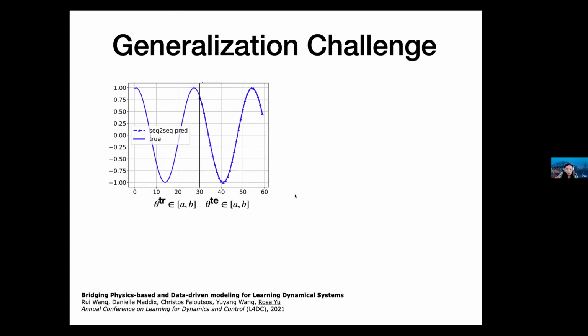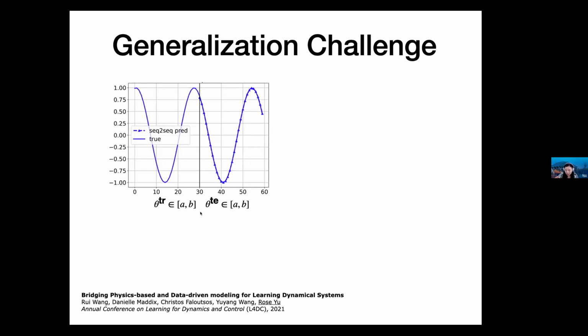So the training data is constructed in a way that the parameters that govern the dynamics, which essentially is the magnitude and the phase parameter of the sine curve, we call it theta. So the training data is sampled from the interval A and B, randomly and uniformly.